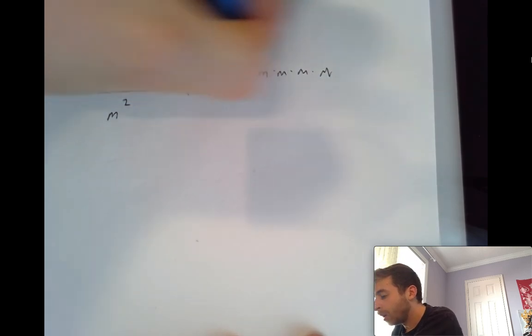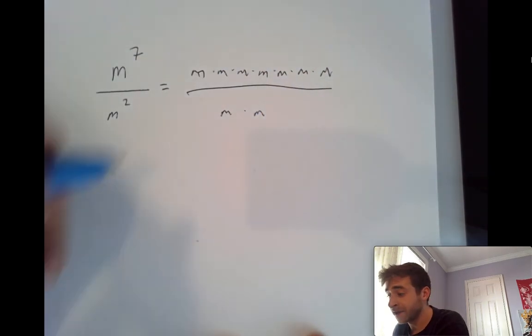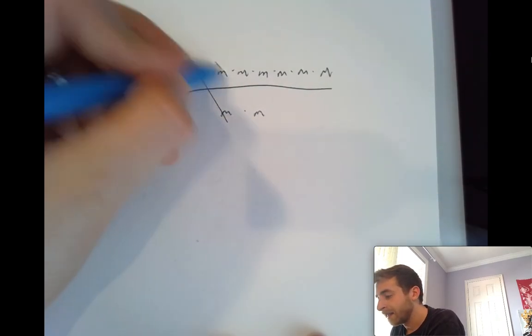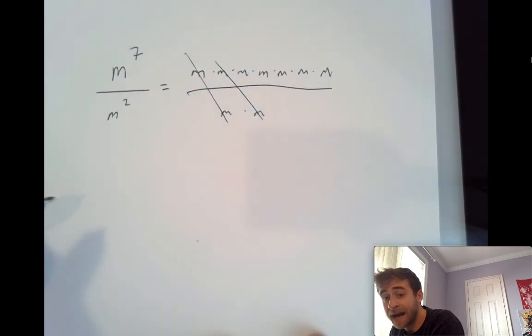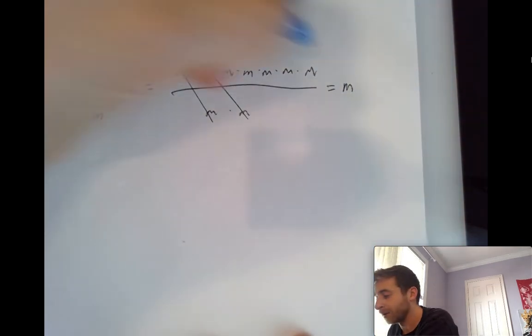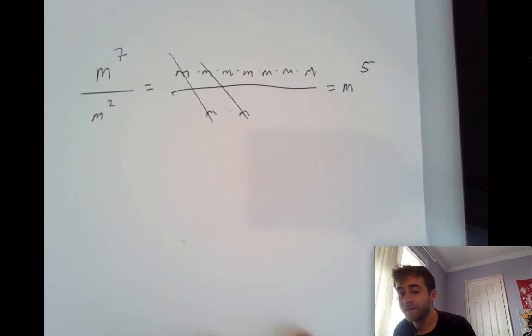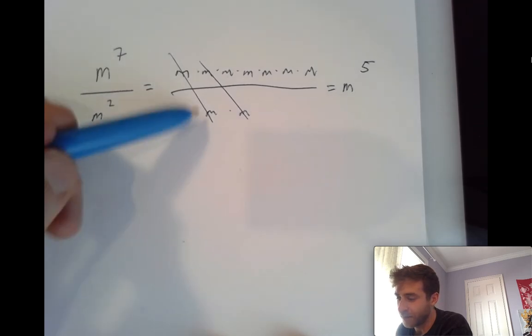Okay. All divided by m times m. So now I'm going to say, well, that'll cancel with that. That'll cancel with that. And I'm left with 1, 2, 3, 4, 5 m's multiplying by themselves. So that's going to be m to the power of 5. That's it. Now, you can always try to break it down and then just cancel out.